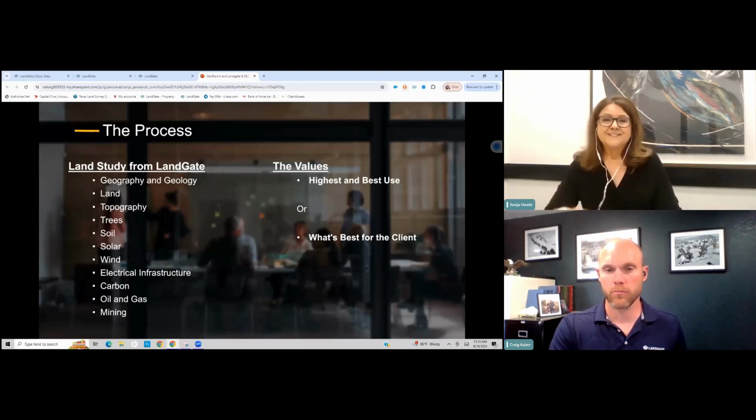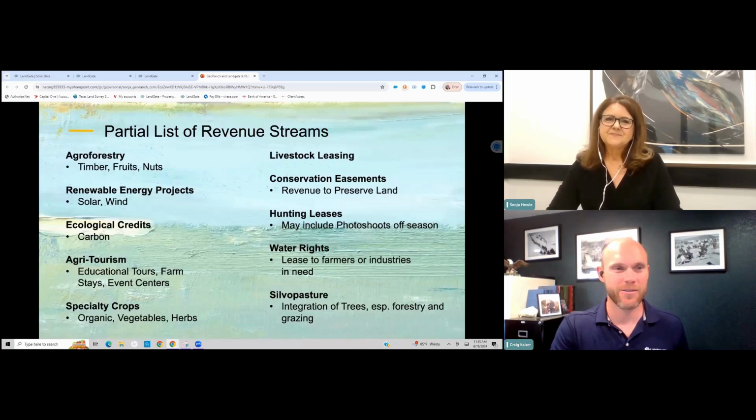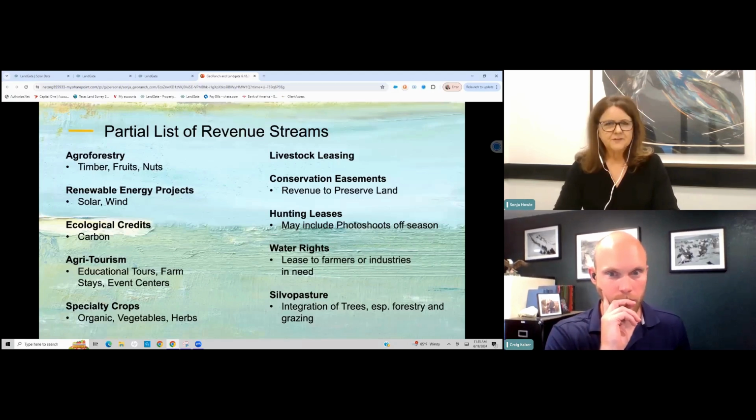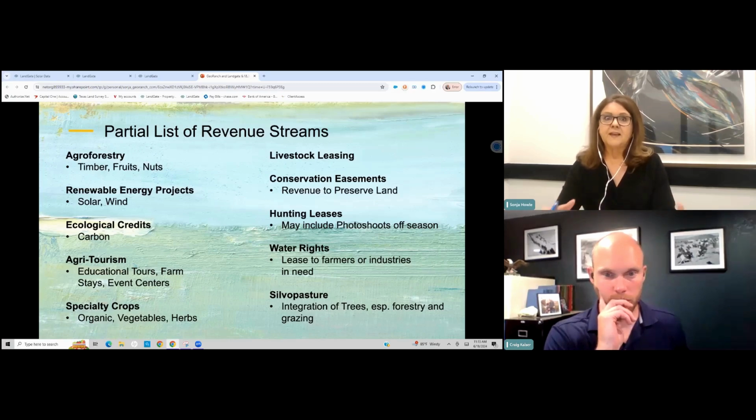And next. Okay. And here are just a few lists of the revenue streams that we have explored and the partnerships we've created to help our landowners make those decisions.